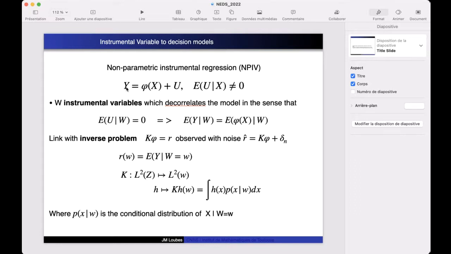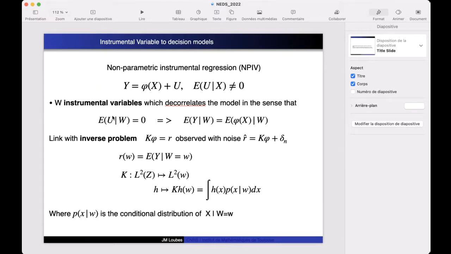So you have a regression, and you want to decorrelate the effect of the school, and the way they do it in econometrics is to use what is called instrumental variables. That means that the expectancy of the noise given x is not equal to 0, but in fact, if you use the instrument, then here you decorrelate.